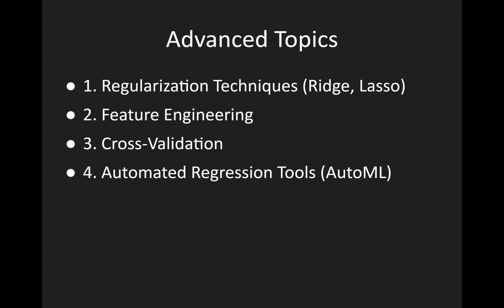Then is cross validation, which is techniques to evaluate model performance by splitting data into training and testing sets. And in the last, automated regression tools like AutoML and libraries like scikit-learn, TensorFlow, streamline regression modeling.